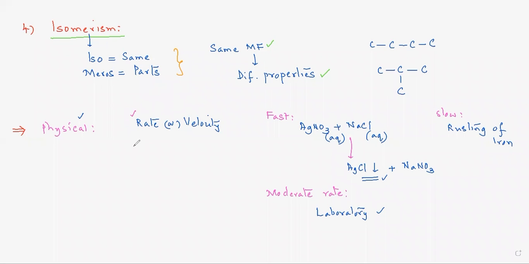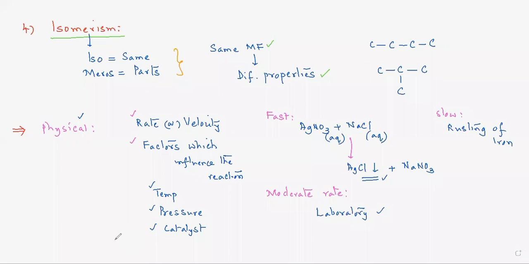And it also deals with the factors which influence the reaction. Like for example, what is the effect of changing the temperature on the reaction? What is the effect of changing the pressure? What is the effect of using a catalyst?